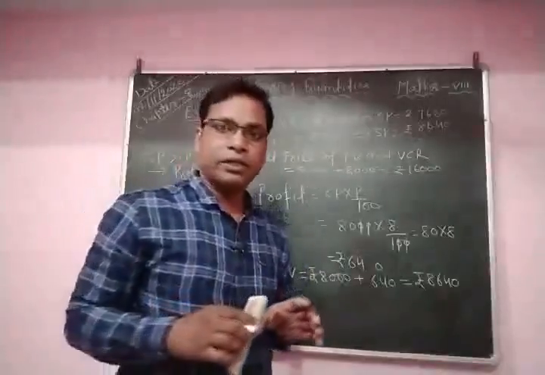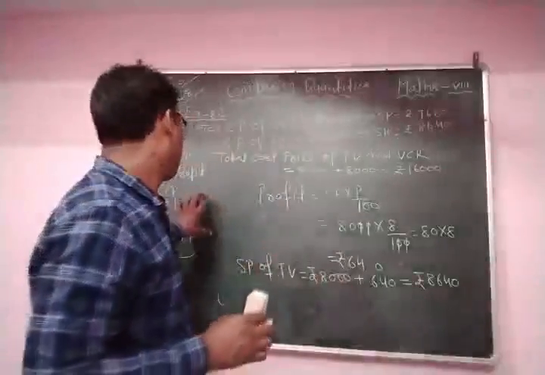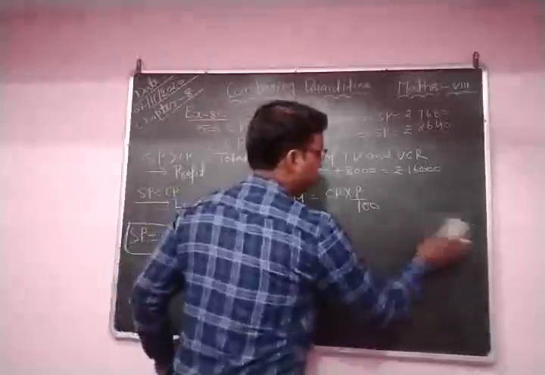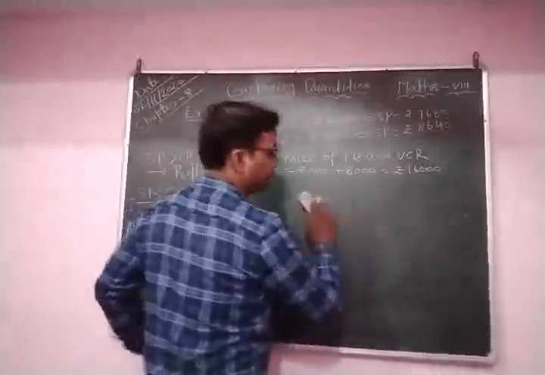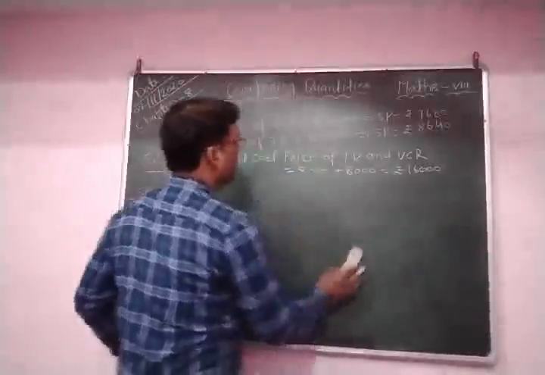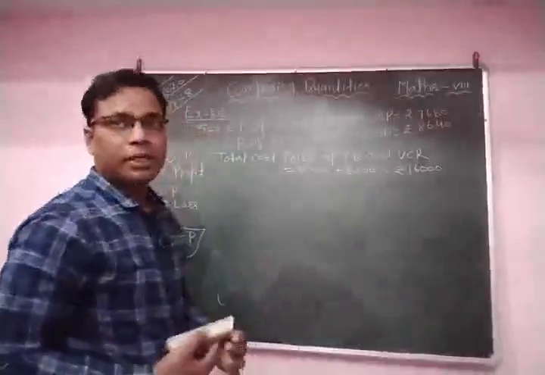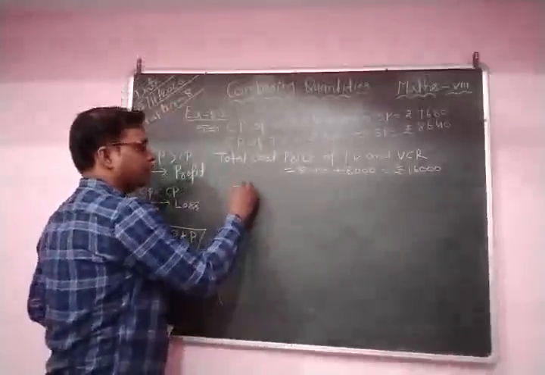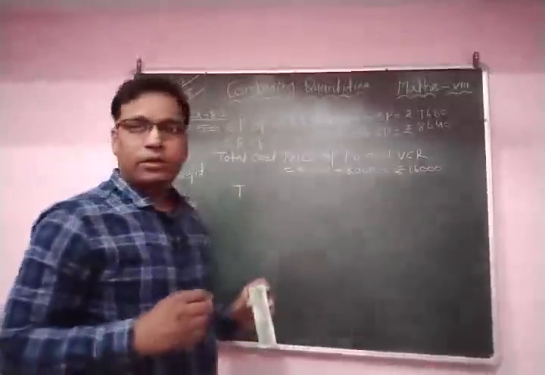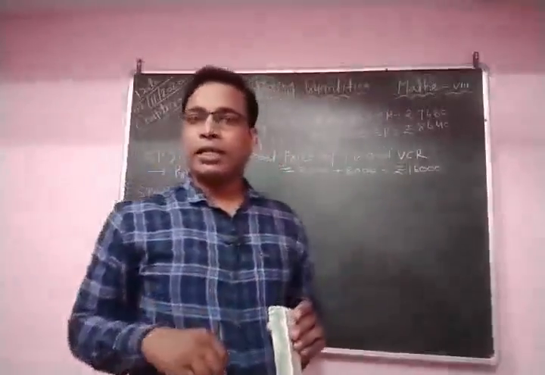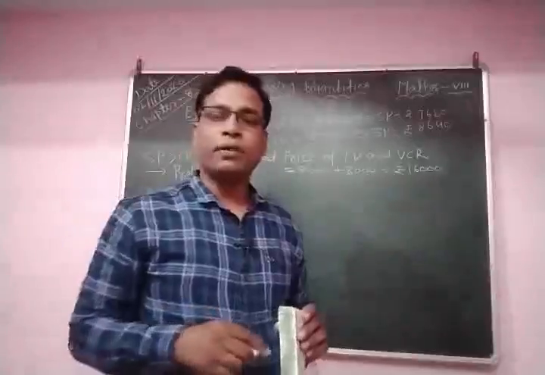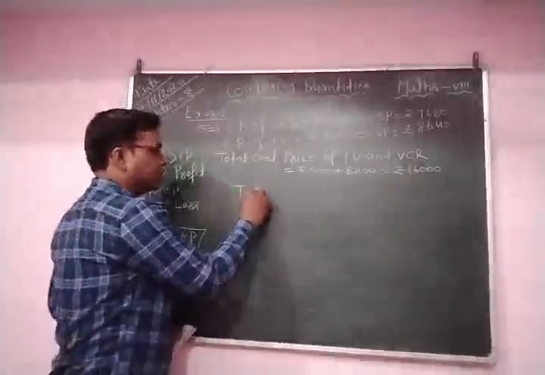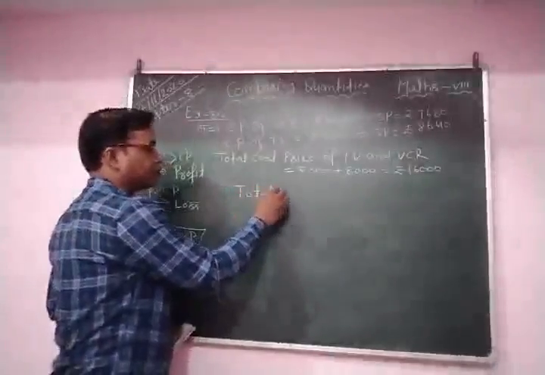Now after this we need to find for the whole transaction whether there is profit or loss. For this we need to find the total SP. So we sum the selling price of VCR and the selling price of TV. What happened in the whole transaction, gain or loss? For this we need to find the total selling price.